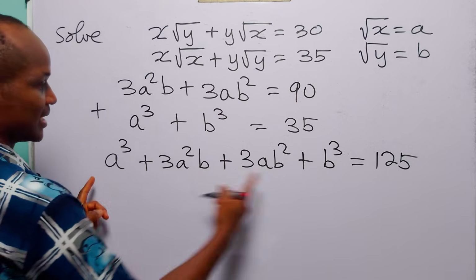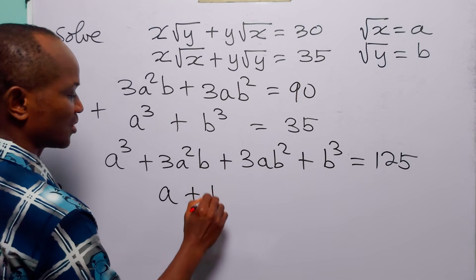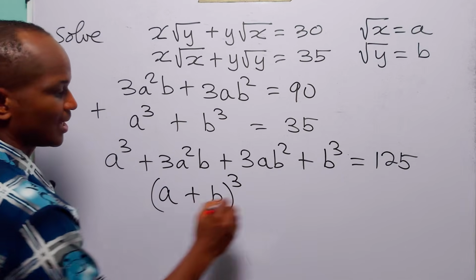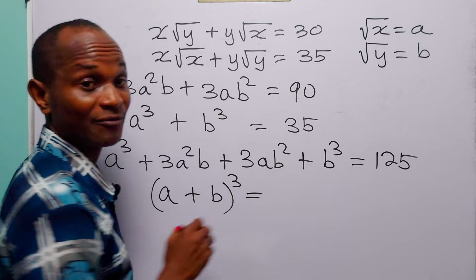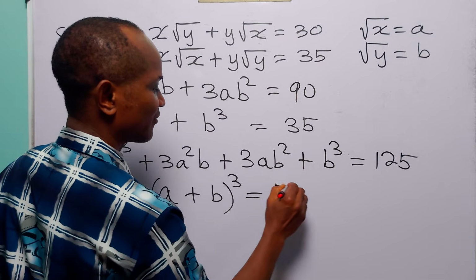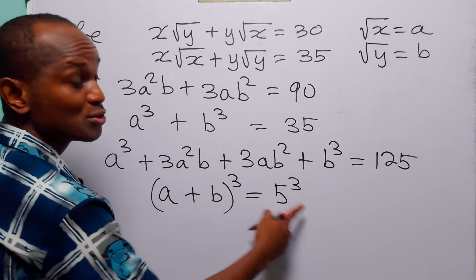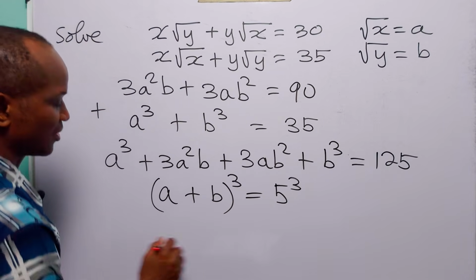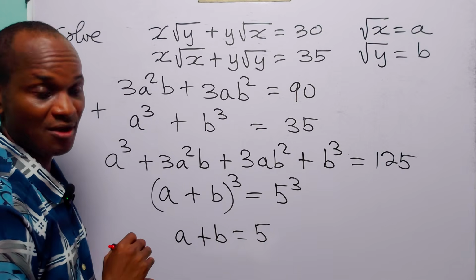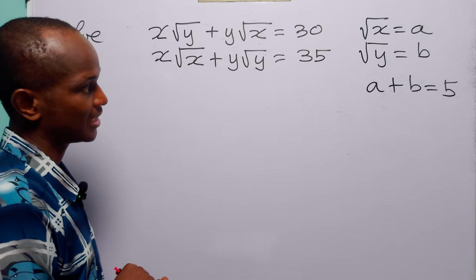You will notice that this is the expansion for a plus b to the power 3. And then look at the right-hand side of the equation. Of course, you know that 125 is 5 to the power 3. Now, when we take the cube root of both sides of this equation, we have that a plus b is equal to 5. And of course, now we can go on to find the values of a and b.